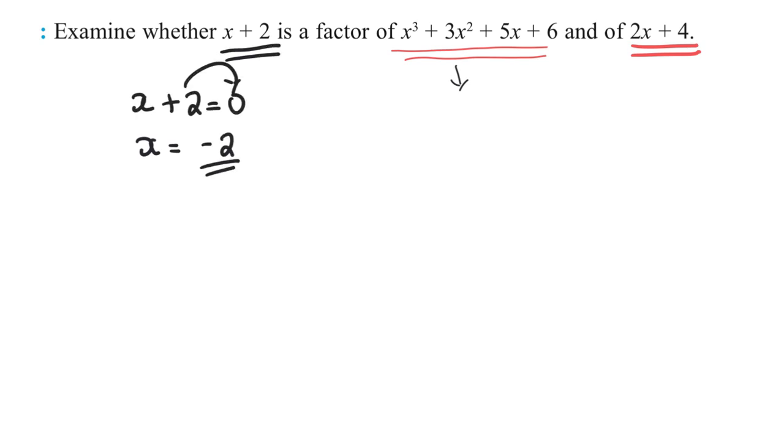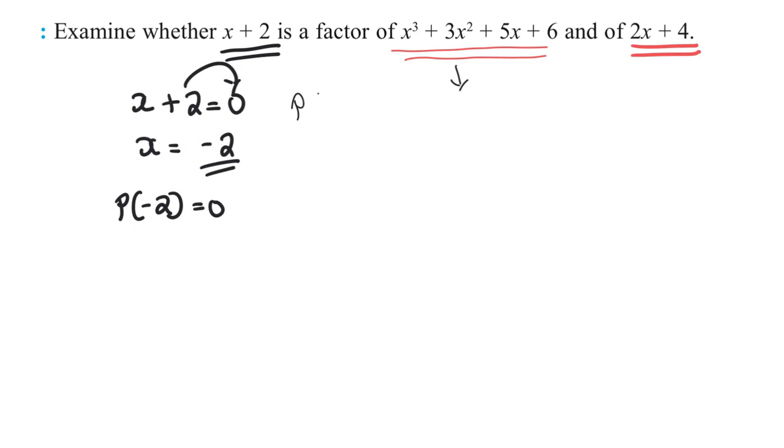Minus 2 will be the 0 of the polynomial. In other words, p of minus 2 should be equal to 0. If it is, then x plus 2 is a factor.